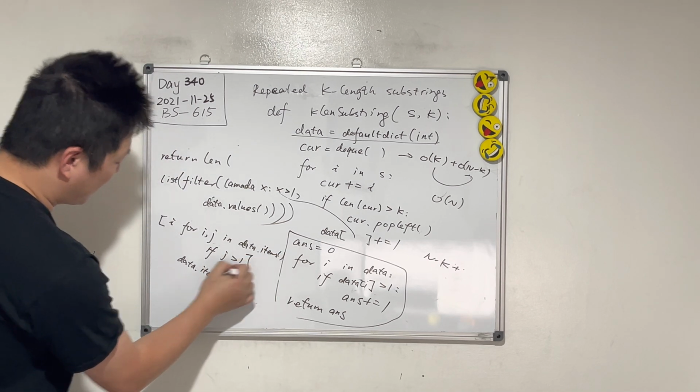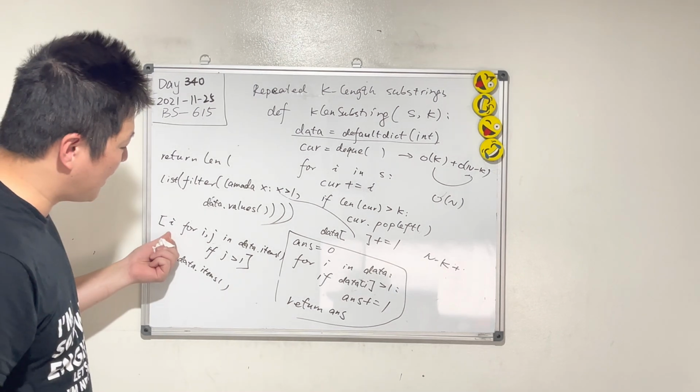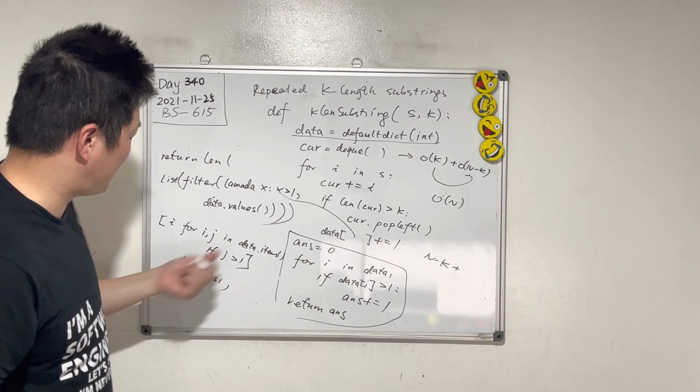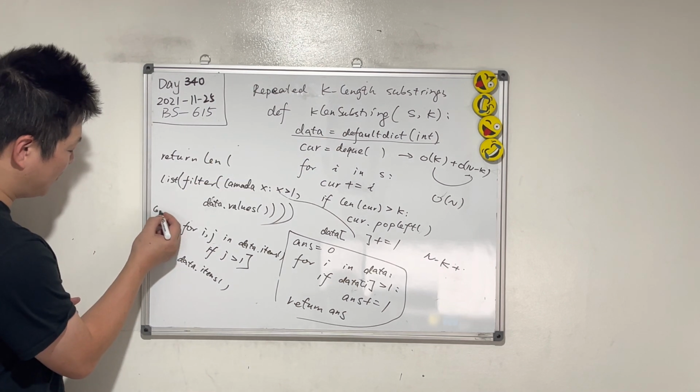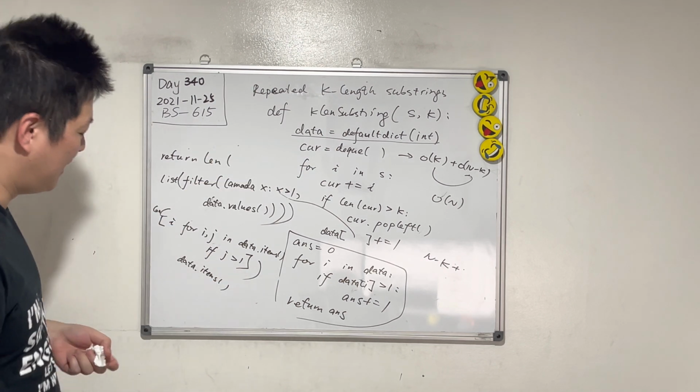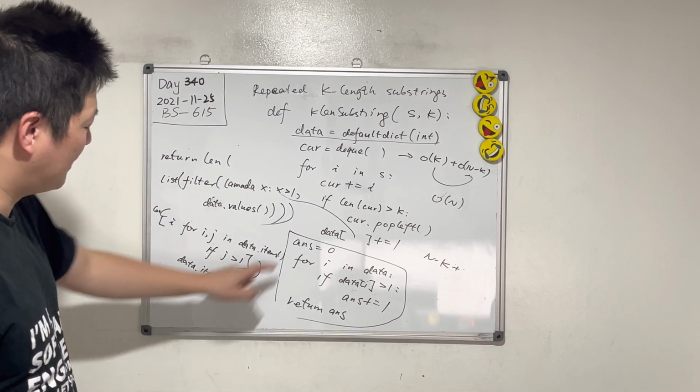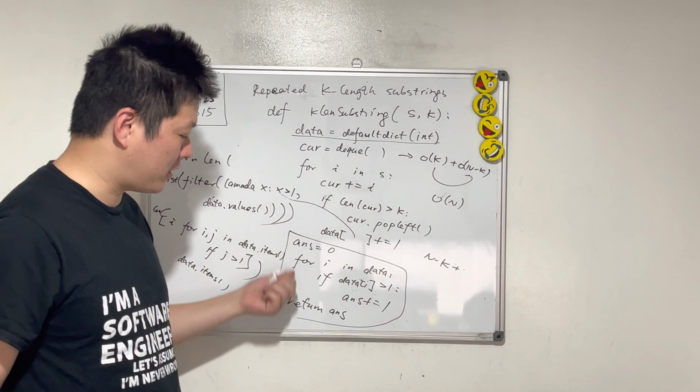This will give us the list of the k-length substrings, and then we just need to return the length. This is pretty much the same thing. This is the most intuitive way.